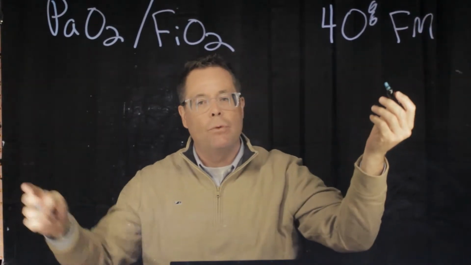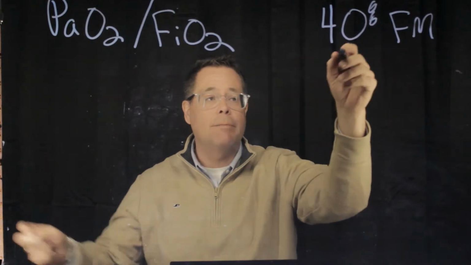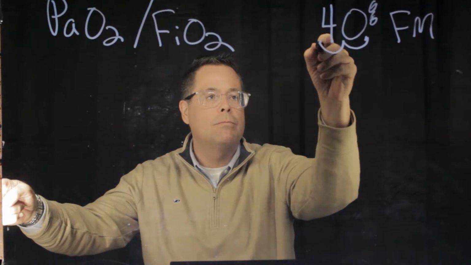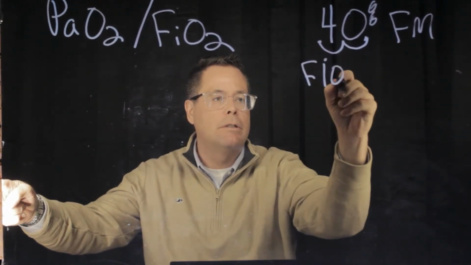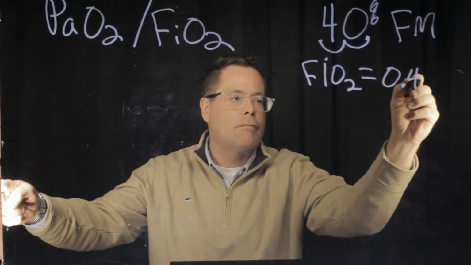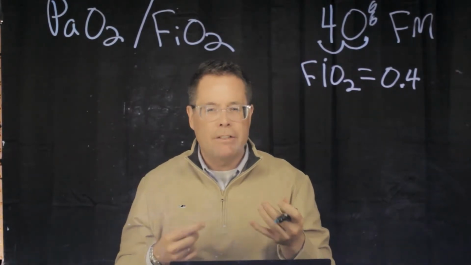We can do that one of two ways. You can either divide it by 100, or we can just move the decimal point 2 places to the left. So that'd be 40.0, so we just go 1, 2. So a 40% face mask is an FiO2 of 0.4.